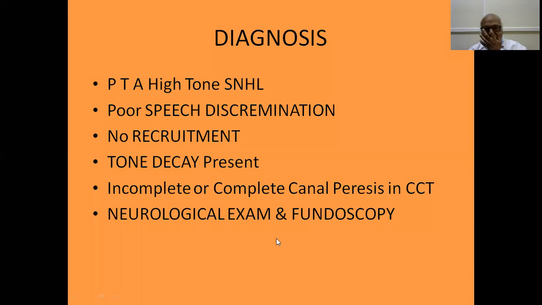So in case of acoustic neuroma, whether you irrigate with cold water or warm water, there will be incomplete or complete canal paresis. There will not be any reaction. And a thorough neurological examination has to be done for motor signs, sensory signs, cerebellar signs, fundoscopy, and all.